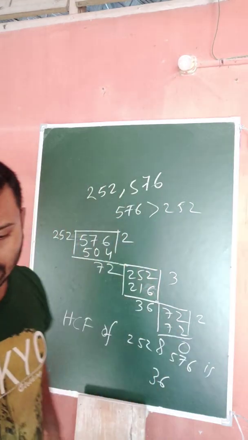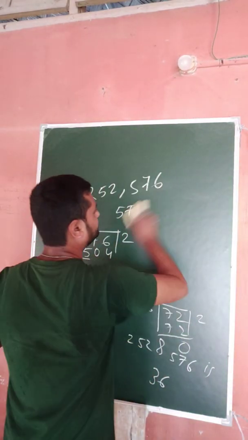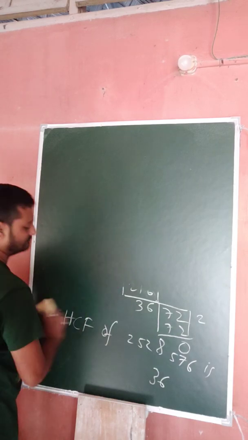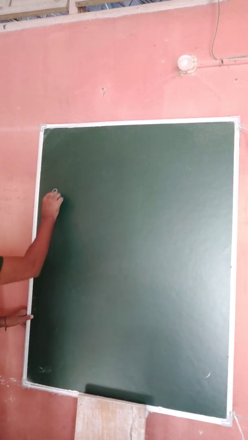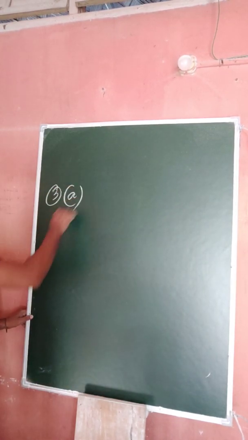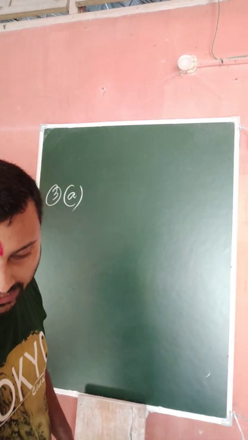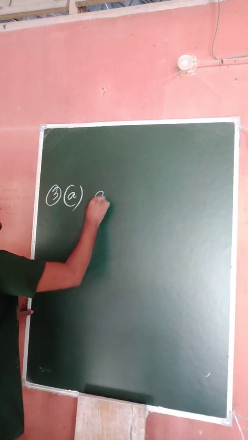Now we'll solve question number 3. The given numbers are 935 and 1320.